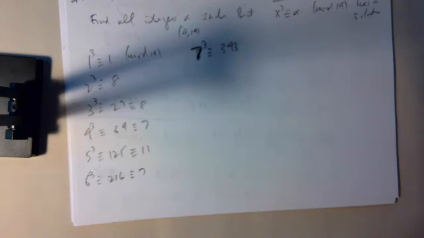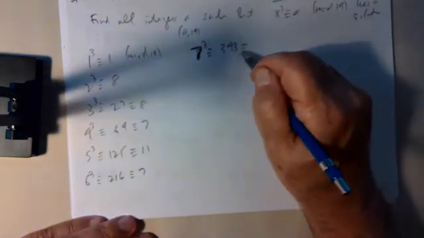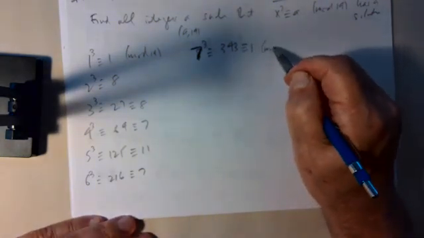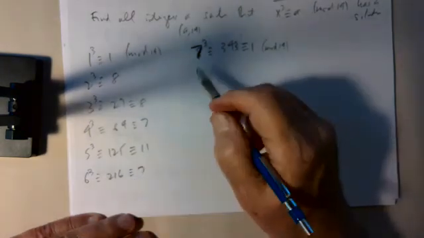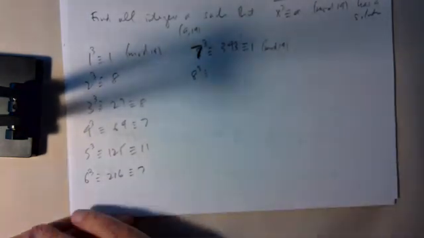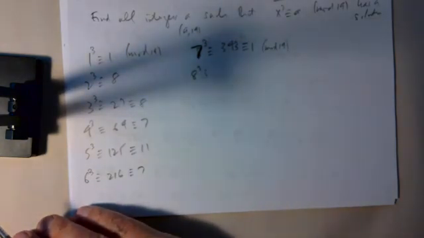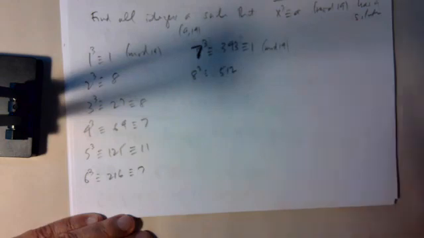Yes, okay, I believe you. 8 cubed is 2 to the 9th, that's 512. If you divide 19 into 512, that is congruent to 18.